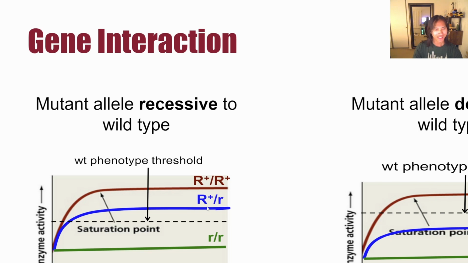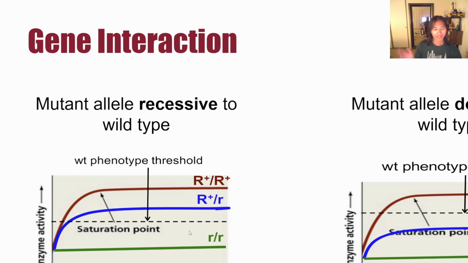We can see that in the heterozygous pair, the wild type and the recessive allele is still able to create enough enzyme activity to reach or go above the wild type phenotype threshold. This means that although there is a mutant allele, the genome is still able to create enough enzymes to maintain the wild type phenotype, which is why this allele is recessive and the phenotype at the end is going to be the wild type, right?